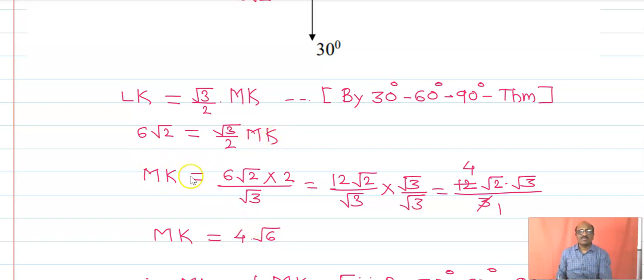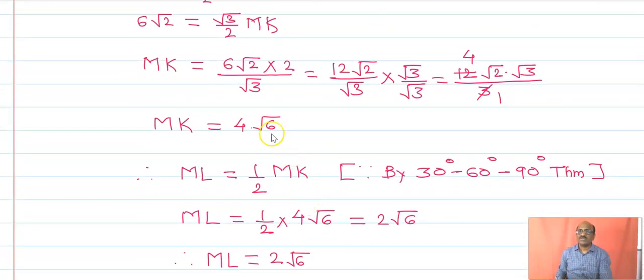Therefore MK is equal to 6 root 2 into 2 upon root 3, that is 12 root 2 upon root 3. Multiplying numerator and denominator by root 3, root 3 into root 3 is 3, and 12 upon 3 is 4, so 4 into root 2 into root 3, that is root 6. This is the first value, MK, 4 root 6.